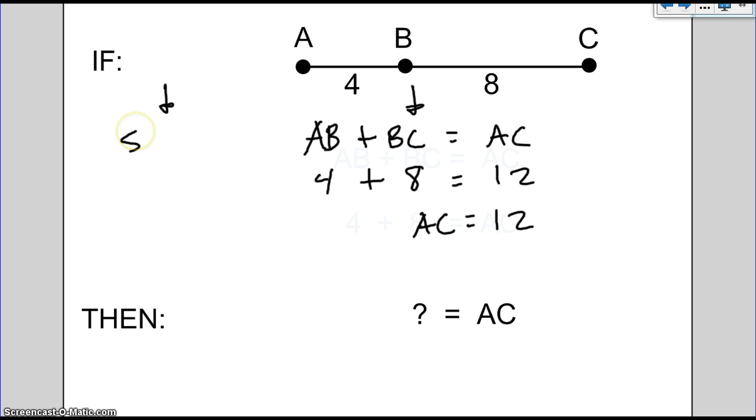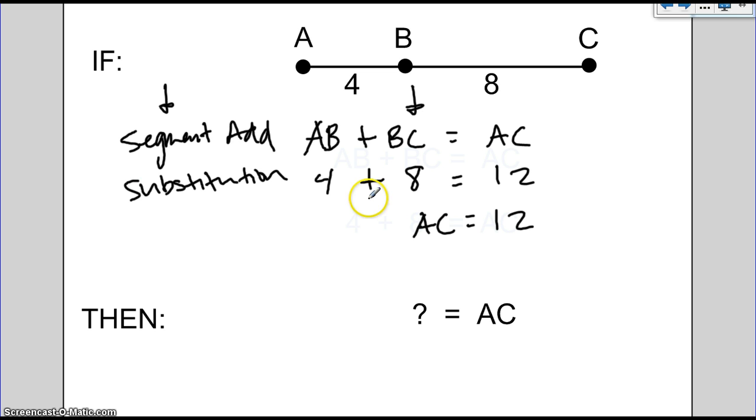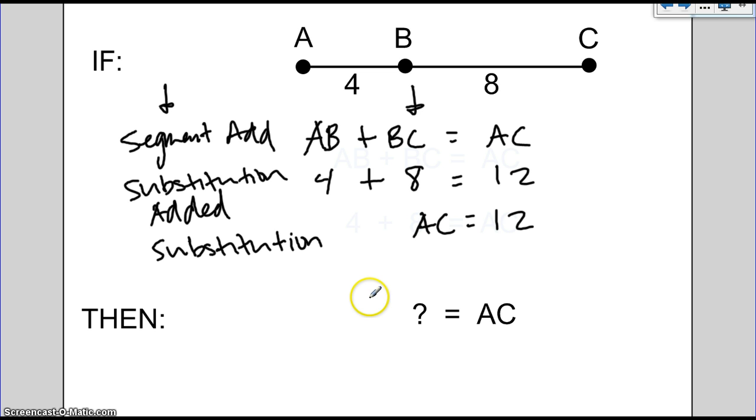Because segment addition was my first step. Then I substituted, right? Then I added 4 plus 8. And then I substituted back in. Substitution, right? Okay.